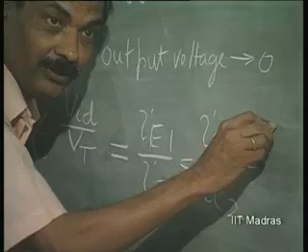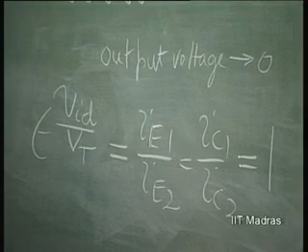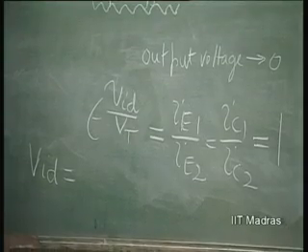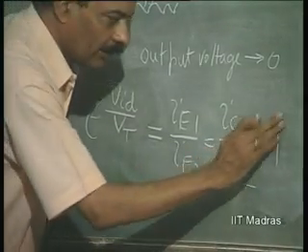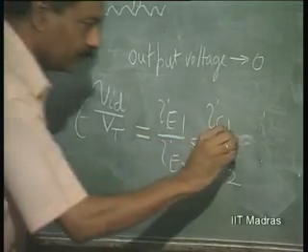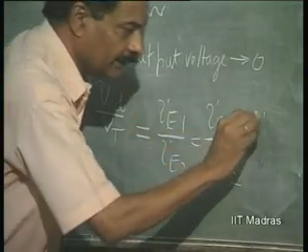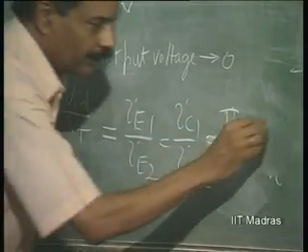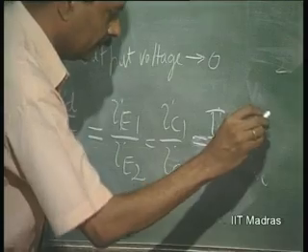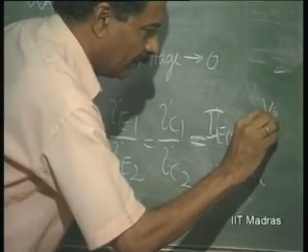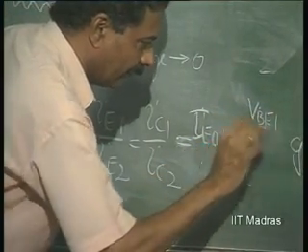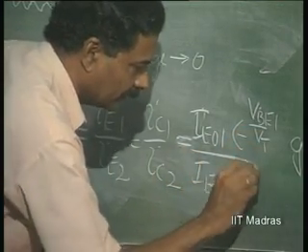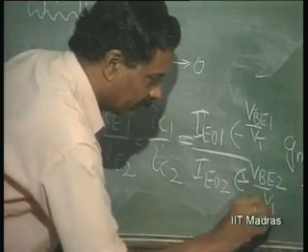That means this should go to 1. So what is that? IE1 is IE01 exponent VBE1 by VT, and this is IE02 exponent VBE2 by VT.